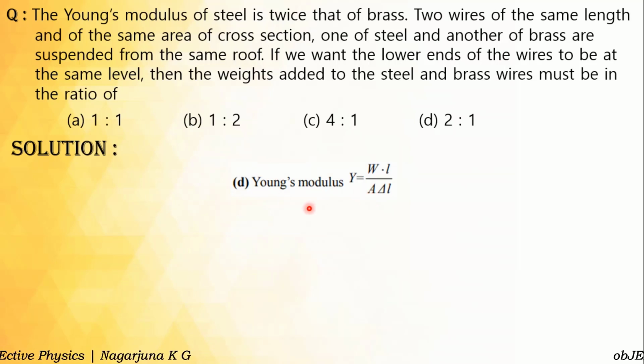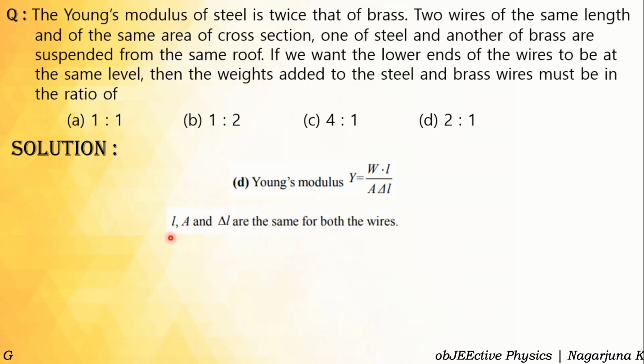We know that Young's modulus Y is equal to F into L divided by A into delta L, but in the place of F, here you can take it as W, that is weight, W into L divided by A into delta L, where total length L, area of cross section A, and elongation delta L are the same for both the wires as per the question.